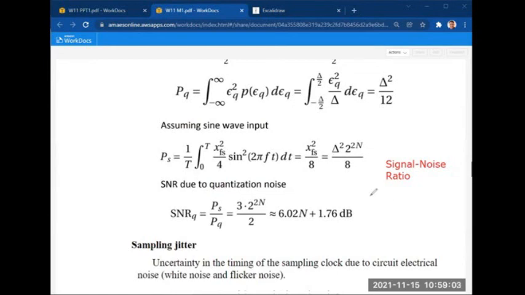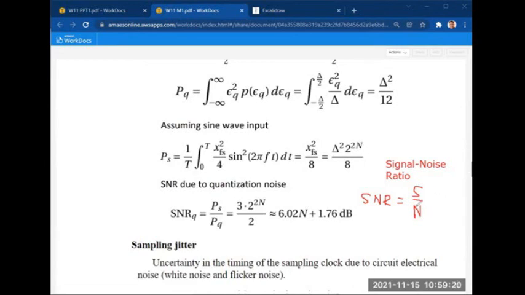So in simple formula, SNR is equal to the signal divided by the noise. This can be represented using voltage, using power, or other quantities as long as they're the same.